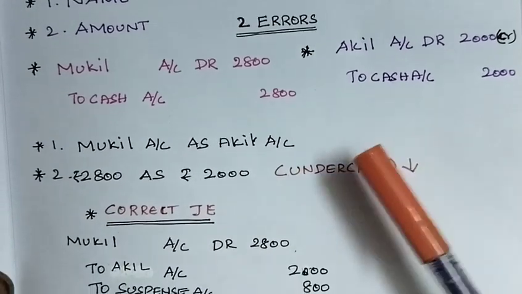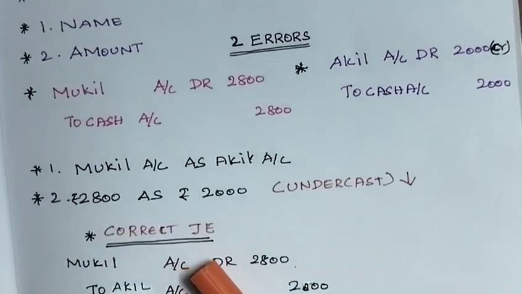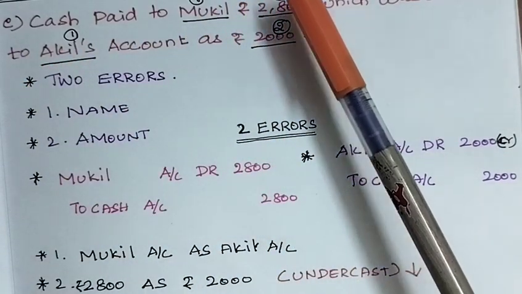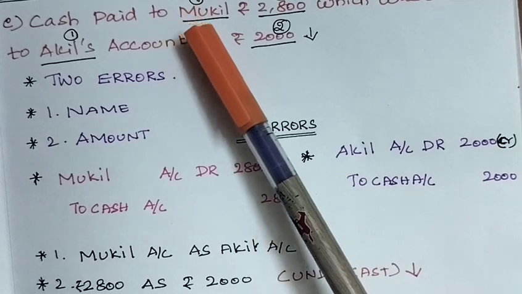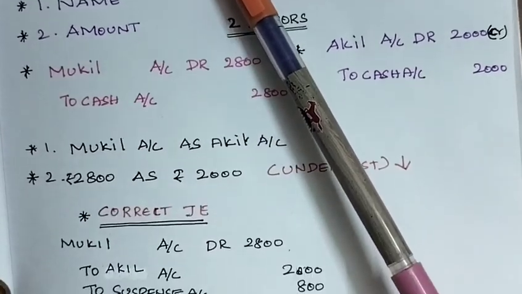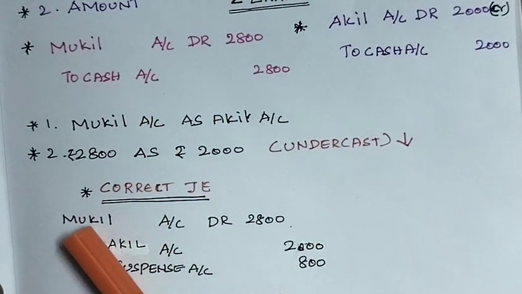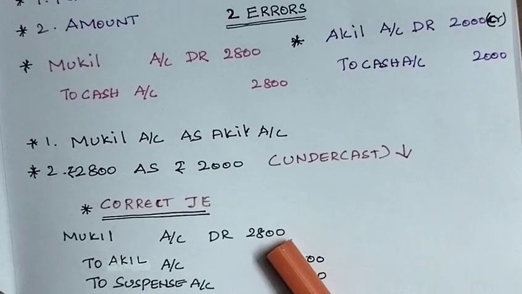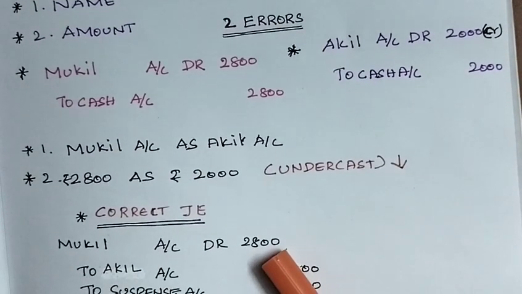Okay, so what is the correct journal entry? Cash paid to Mukil 2800, which means who is the receiver? Mukil is the receiver. Debit the receiver, right? So Mukil account debit 2000 rupees is what we entered. That is the incorrect journal entry.